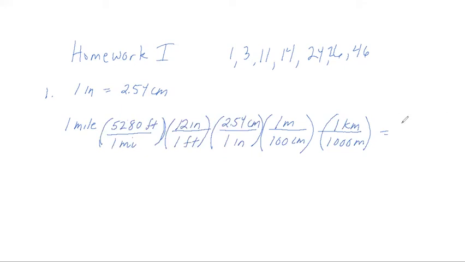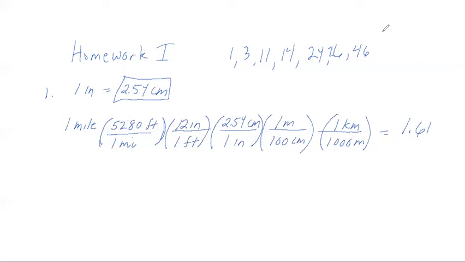All right, 1.61. And since I started with this definition and I'm doing multiplication, I can only have 3 sig figs. So I get 1.61. So that's that one, that's A.